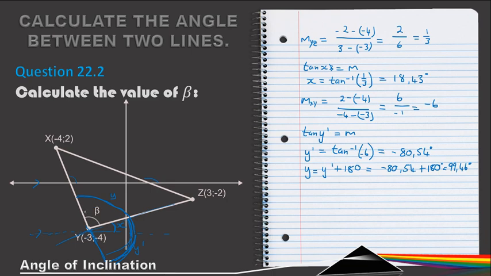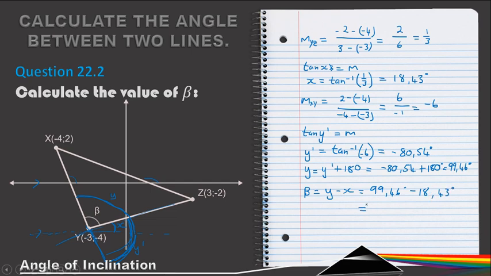And now if you look at beta, beta will just be equal to my big angle take away my small angle. So we have y minus x, so substituting that in, y was 99.46 minus the small value x, which is 18.43 degrees.